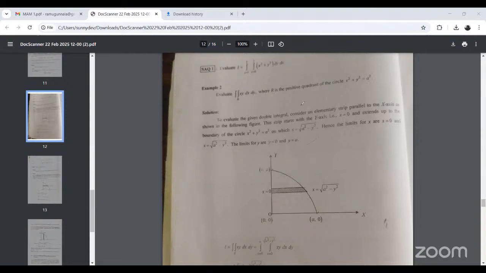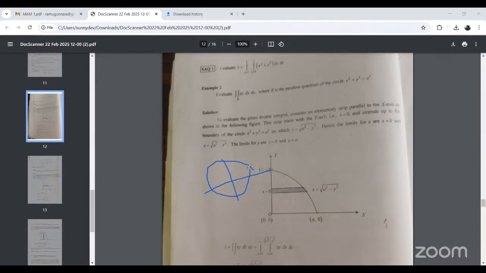To evaluate the given double integral, first of all, this is the circle. In this circle, there is the first, second, third, and fourth quadrant. So the first quadrant is the positive quadrant of the circle.